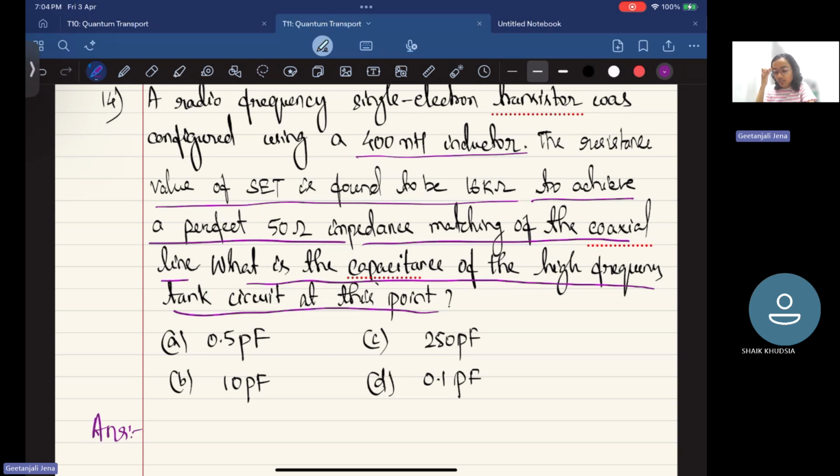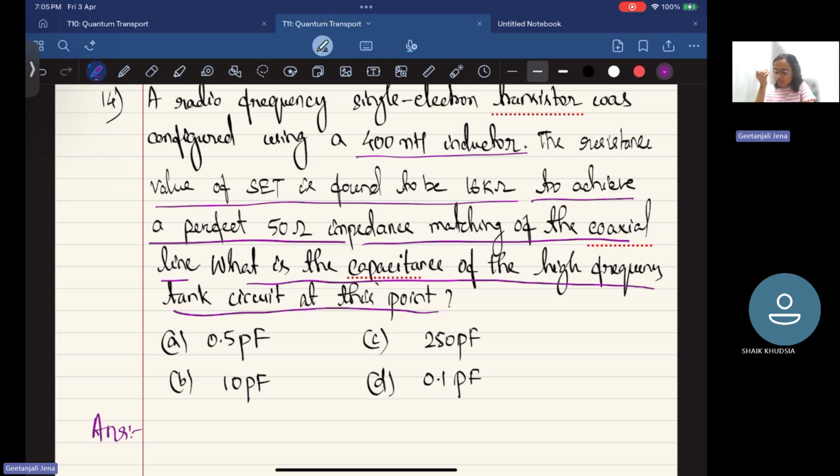The resistance of SCT acts like a variable resistance. If you vary the resistance, you will get a value where the impedance of this tank circuit matches the coaxial line. Whenever this matches, there won't be any reflection, so you will see a complete transmission.